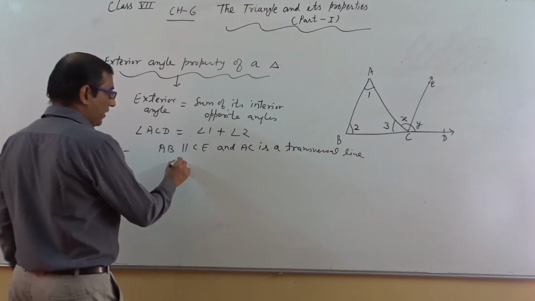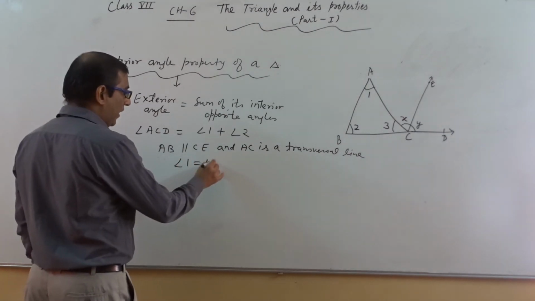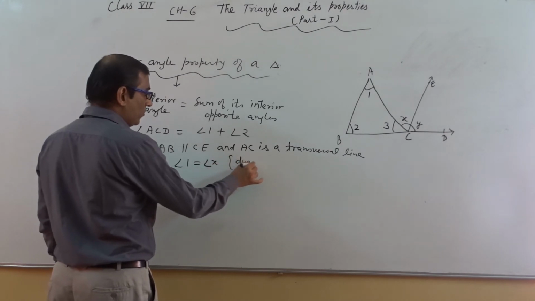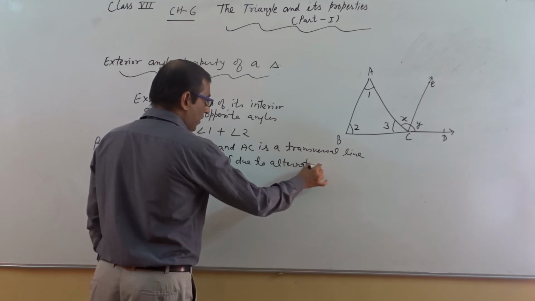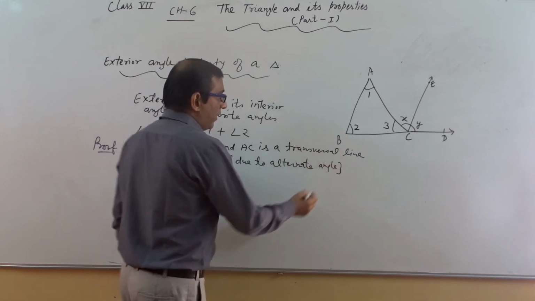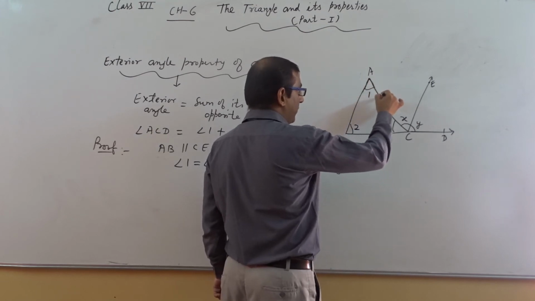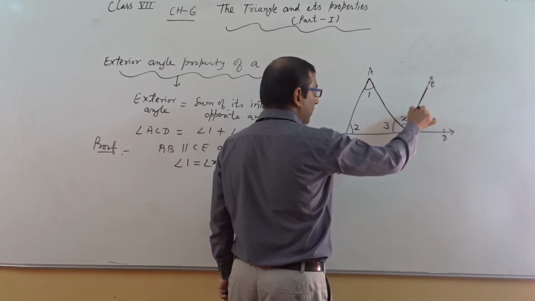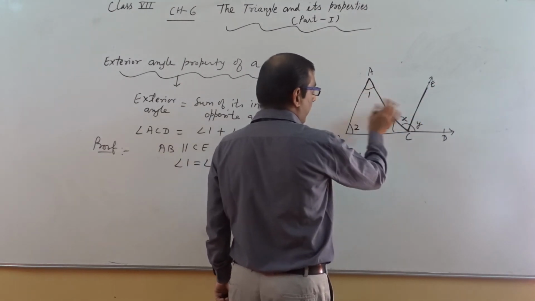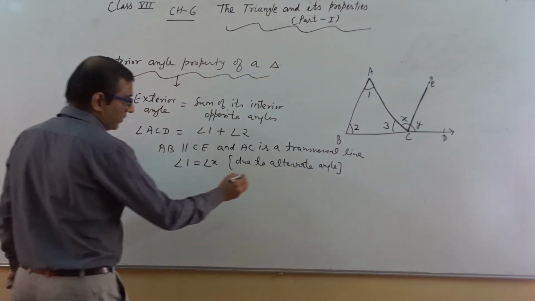Then we can say angle 1 is equivalent to angle X due to alternate angles. And you see in this figure, a Z shape is there. That's why we can say angle 1 and angle X both are equal. Okay, this is the first equation.